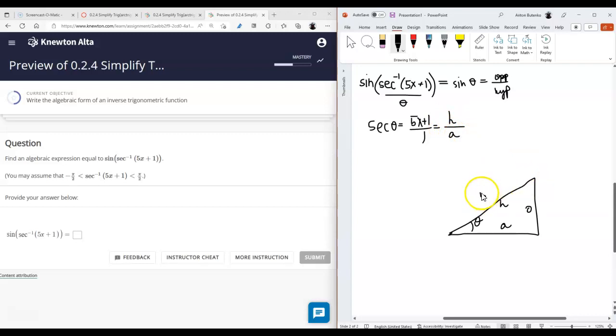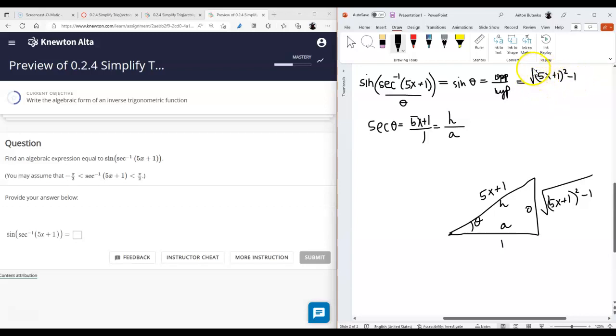So my hypotenuse is 5x plus 1. My adjacent is 1, and my opposite is therefore square root of 5x plus 1 squared minus 1. And we don't need to simplify this. We can just write it out like this.